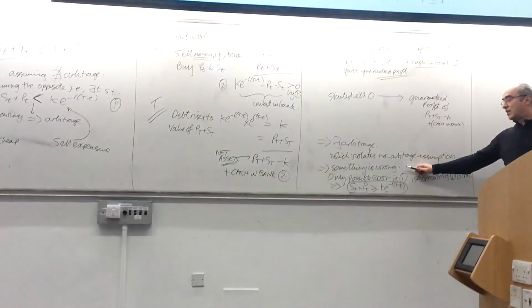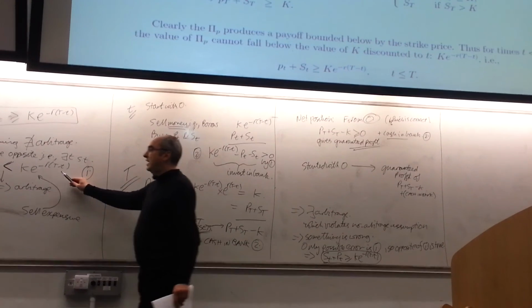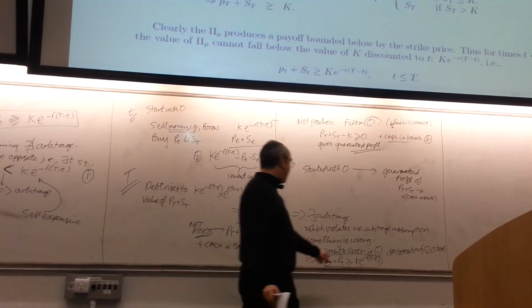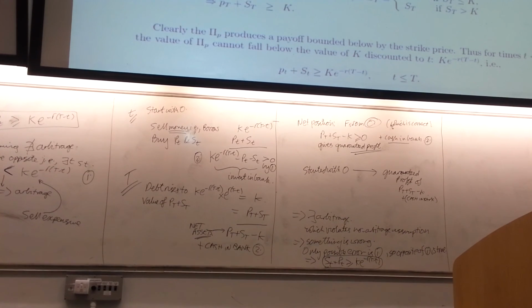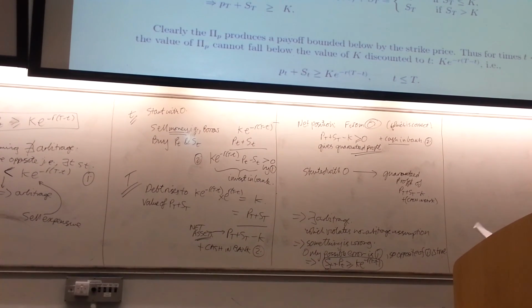Something must be wrong in the argument. The only thing that can be wrong is this assumption here, because that's certainly true. So in a no arbitrage environment, the opposite has to hold. Okay. Any questions on that? Right.